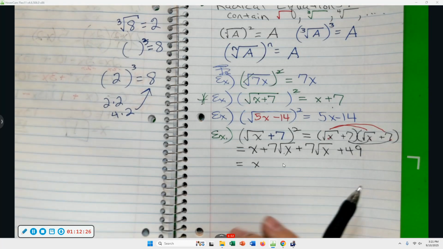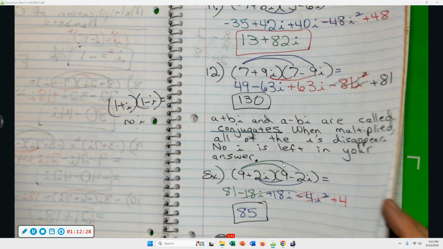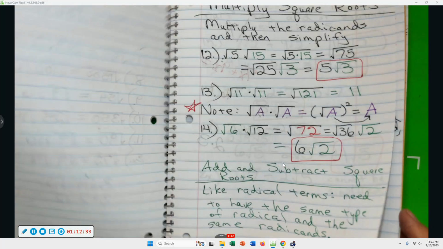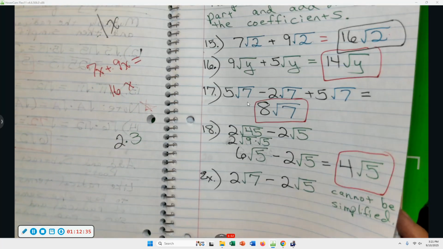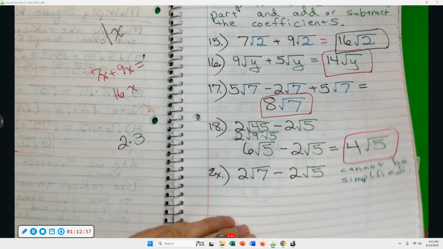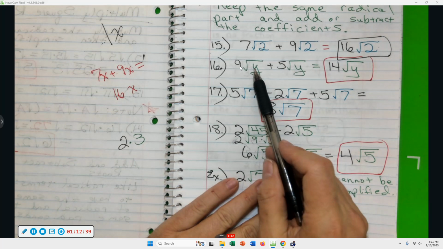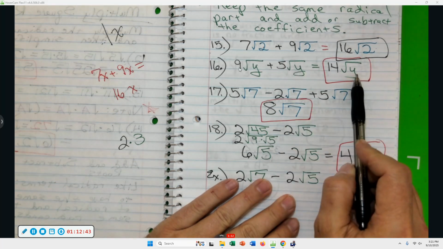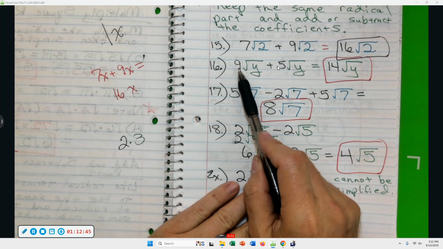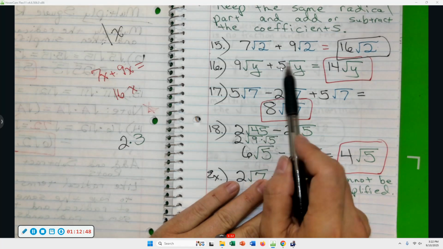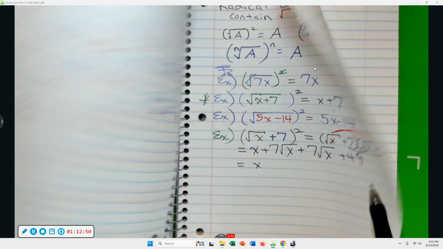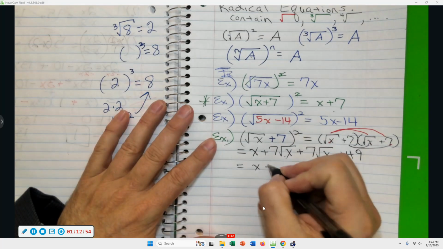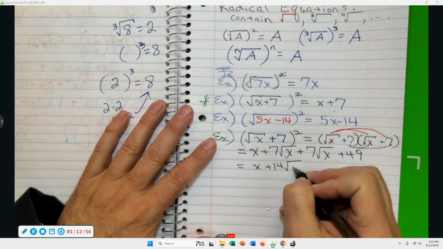Remember when adding radicals, we said on day 1 you need like radical terms. Once you have like radical terms, you keep the radical term and add or subtract their coefficients, and that's what I'm about to do here. 7 plus 7 gives me 14 square roots of x.